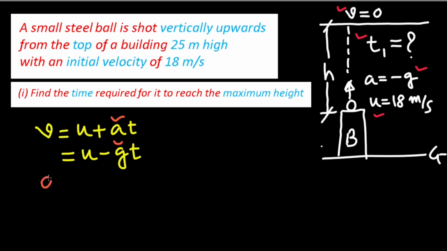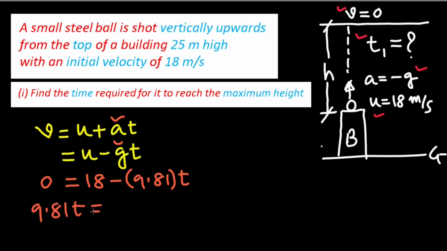So v is 0, initial velocity u is 18, minus g is 9.81 and t, so 9.81 t will be 18.